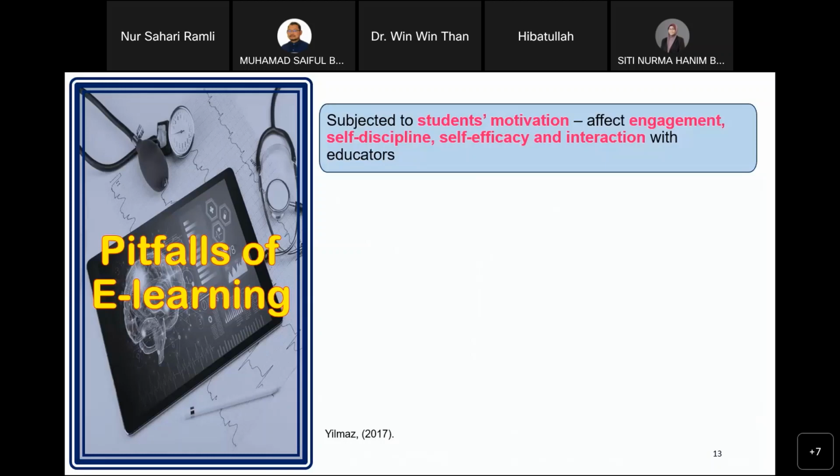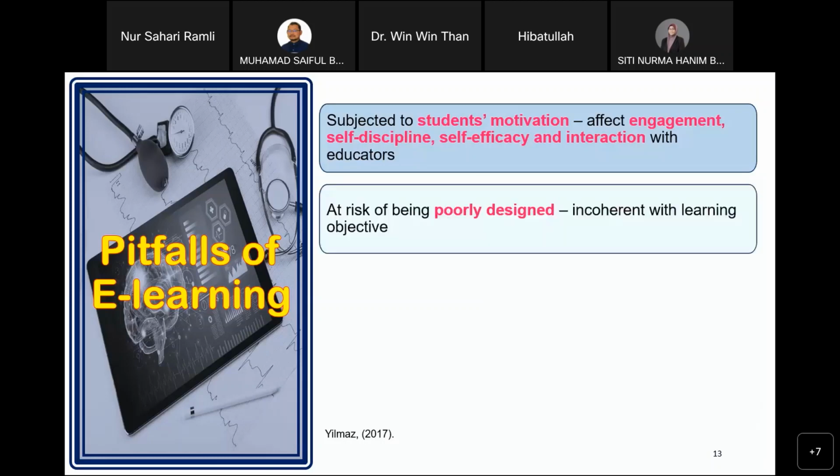Despite the fact that we have considered a lot of planning and analysis prior to developing the material, the efficiency is also subject to students' motivation. Low motivation has been proven to reduce students' engagement, self-discipline, self-efficacy, and interaction with their educators.